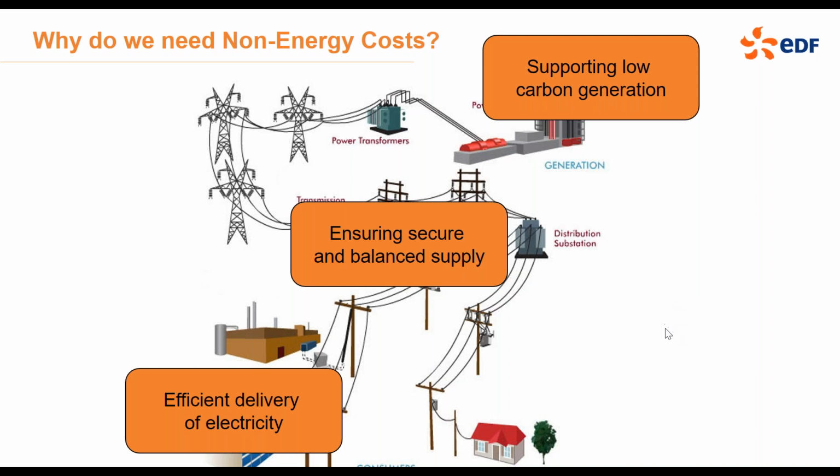We need to make sure that supply and demand needs are met. It's a massive task for National Grid to make sure that they are always, every second or every day, matching as closely as possible the level of supply and demand, essentially keeping the lights on and keeping the grid balanced. And then efficient delivery of electricity.